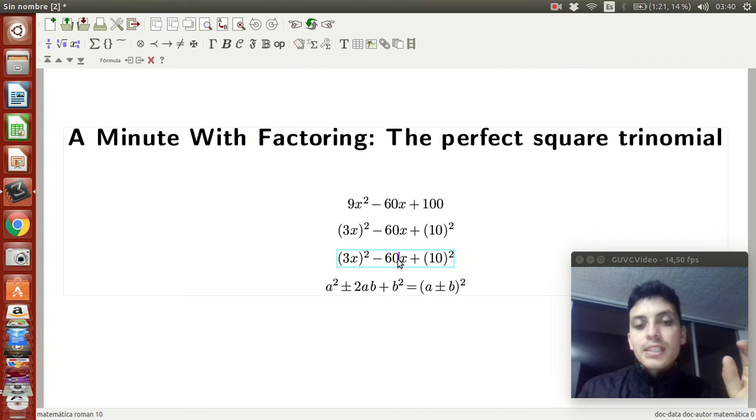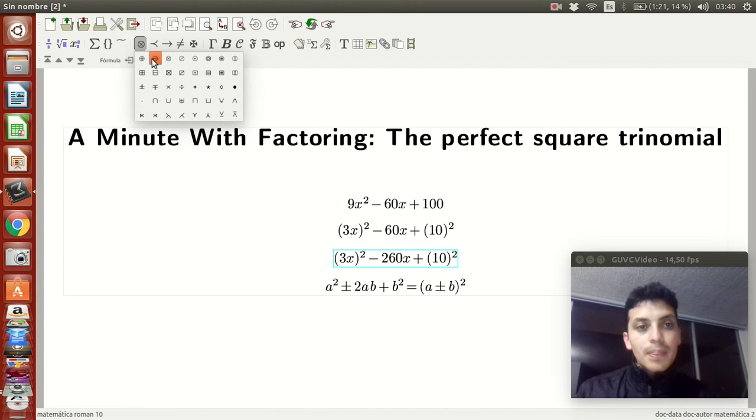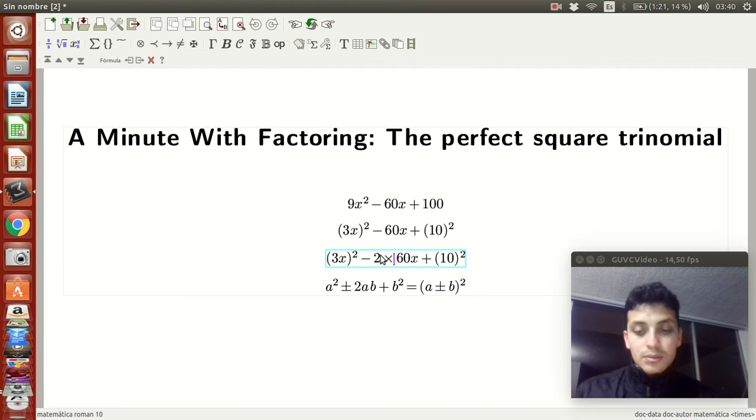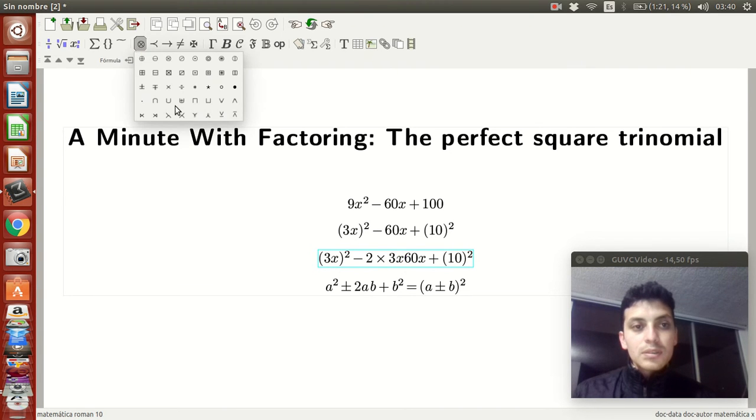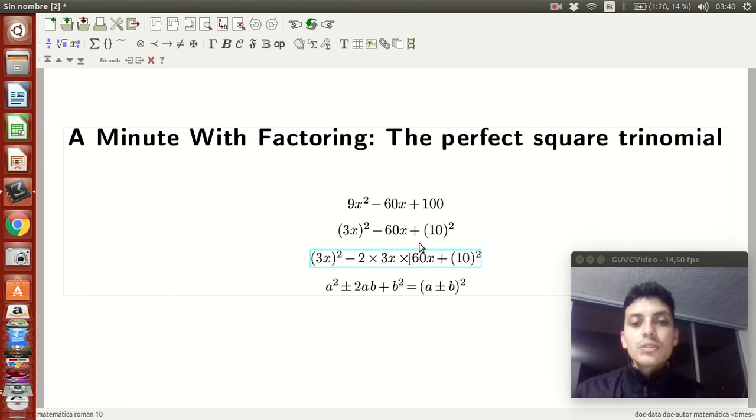I need to know if 60x could be written as 2 times 3x times the other root. The other root is 10. So 2 times 3x times 10.